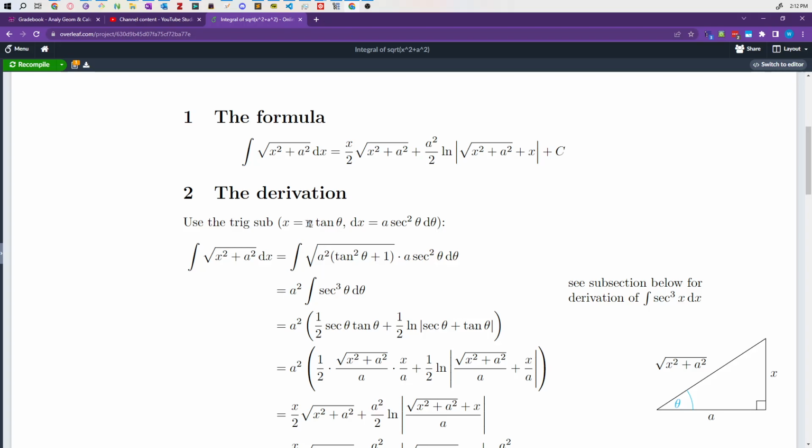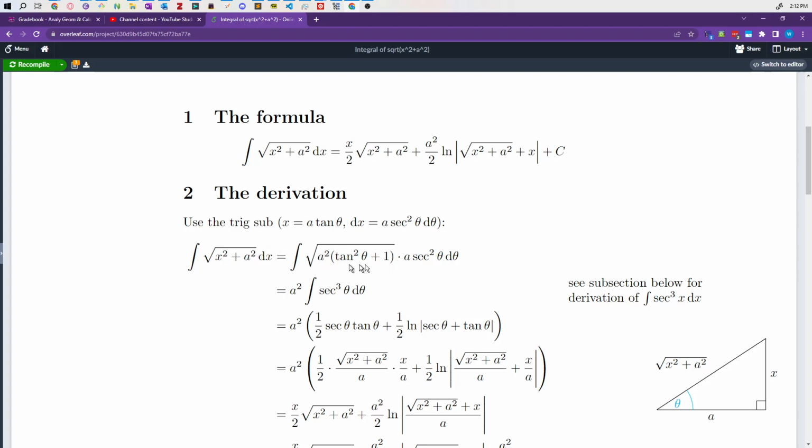But because of this trig sub, you end up with an a squared that you can factor out, and then this tan squared plus 1, which by Pythagorean trig identities, you should recognize is equal to sec squared. And then, of course, to complete the trig sub, you have to replace the dx. So take the derivative of both sides of this, and you get secant squared theta d theta.